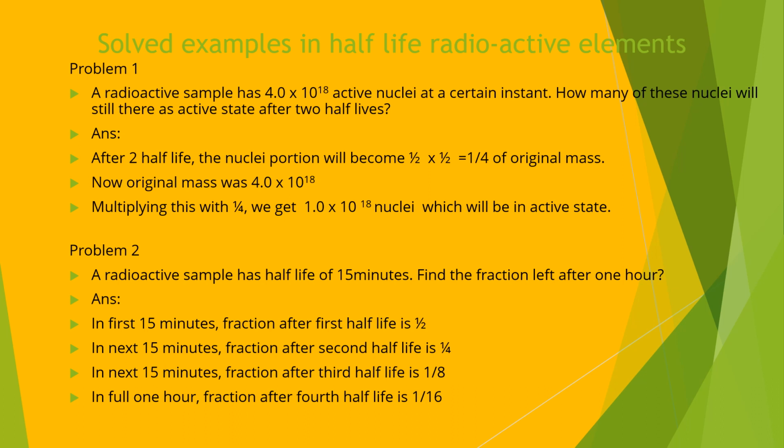So for 2 half-lives, it will be 1 by 2 into 1 by 2, that is 1 by 4 of the original mass. The original mass is 4 into 10 to the power of 18. If we multiply this by 1 by 4, we get 1 into 10 to the power of 18. That is the mass of the nuclei.